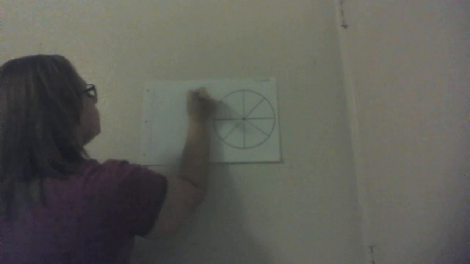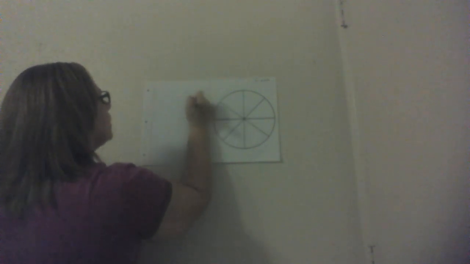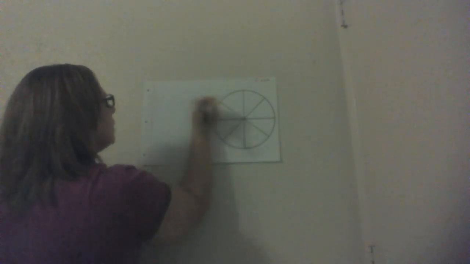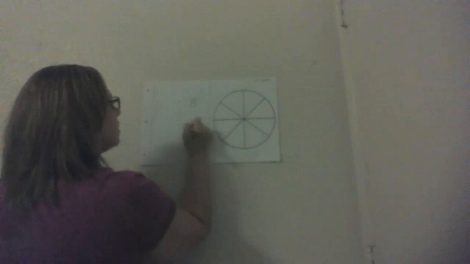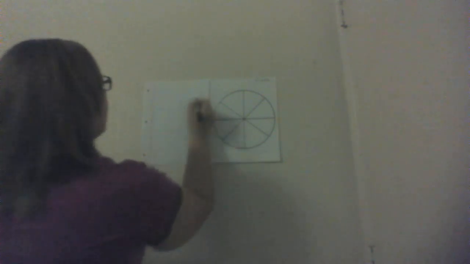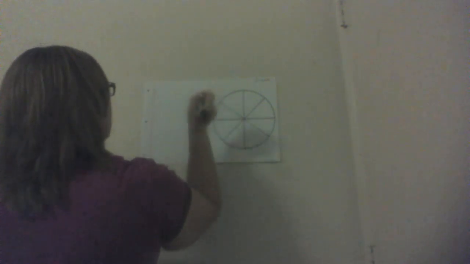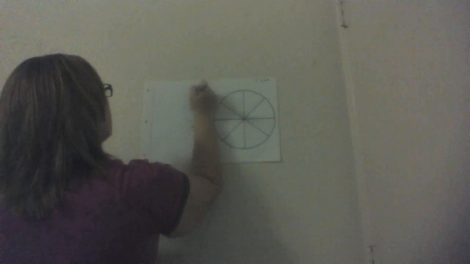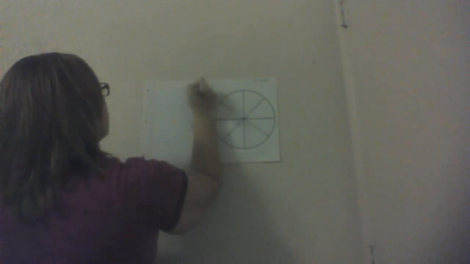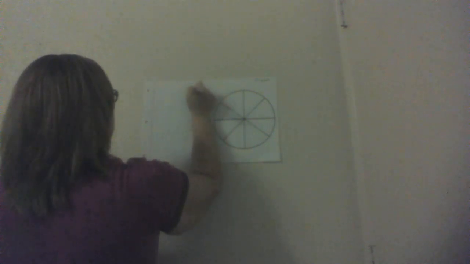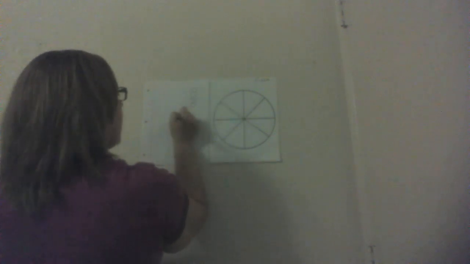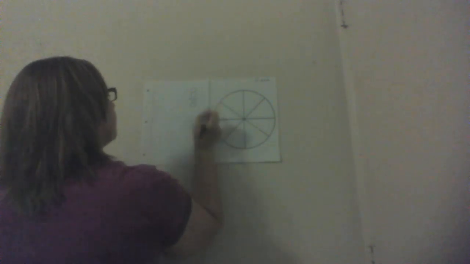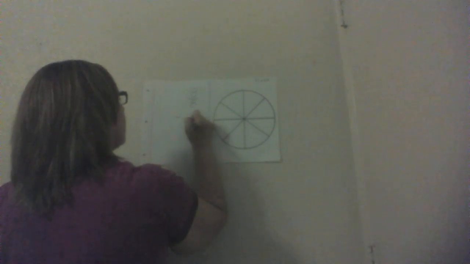So we know that 8 is our denominator. Okay, and it's going to be the 8 pieces of pizza minus 5.